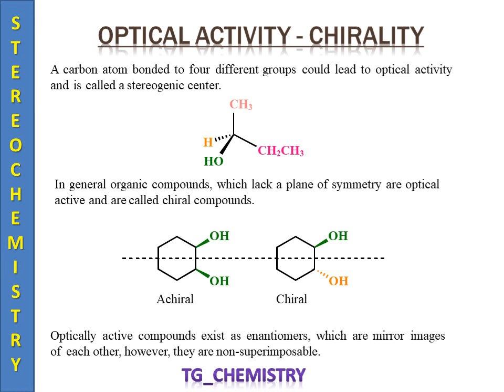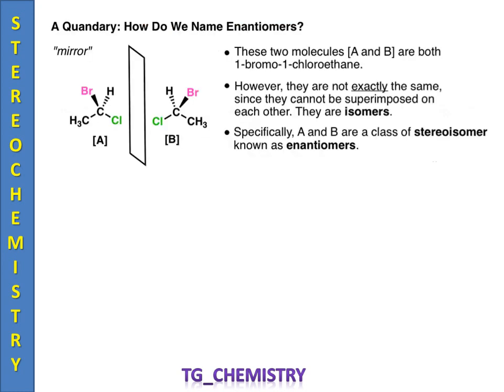Now optically active compounds can exist as enantiomers. Enantiomers are mirror image isomers of each other, and they are non-superimposable. Before we move further, we need to understand a practical dilemma: how do we name the enantiomers?